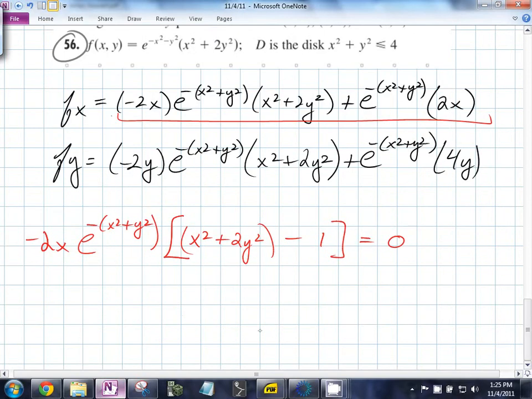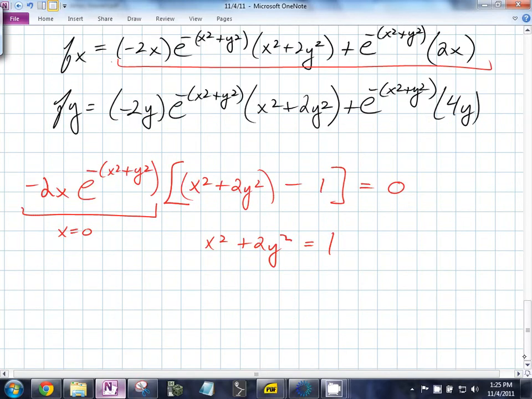What's the only way to make that equal to 0? x equals 0, but then you also know x squared plus 2y squared has got to equal 1. Nice. So that's what we get from here.